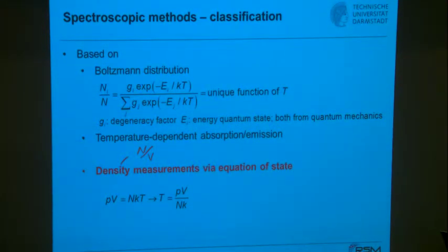So if you have a technique that allows you to deduce this density, then with a known pressure, with the Boltzmann constant and this inverse density over here, you can directly deduce this quantity, the temperature. And now the question is how you can measure densities.